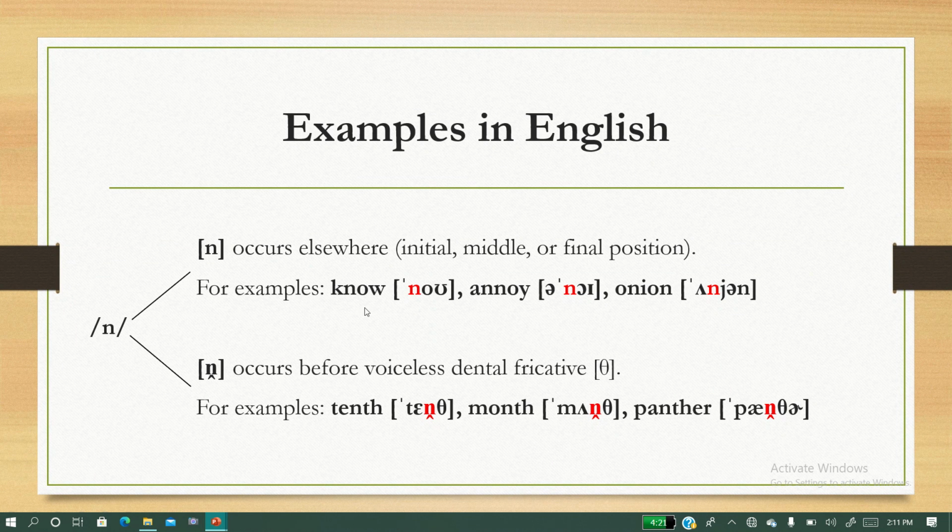For example, no, annoy, onion. And then the second one occurs before a voiceless dental fricative. For example, pen, month, panther. So each of the allophones occurs in a different environment, which we call complementary distribution.